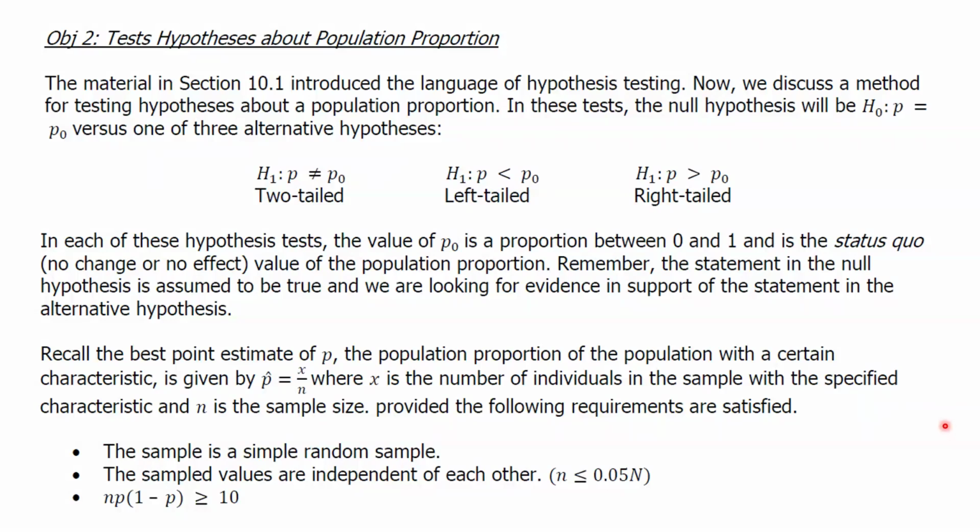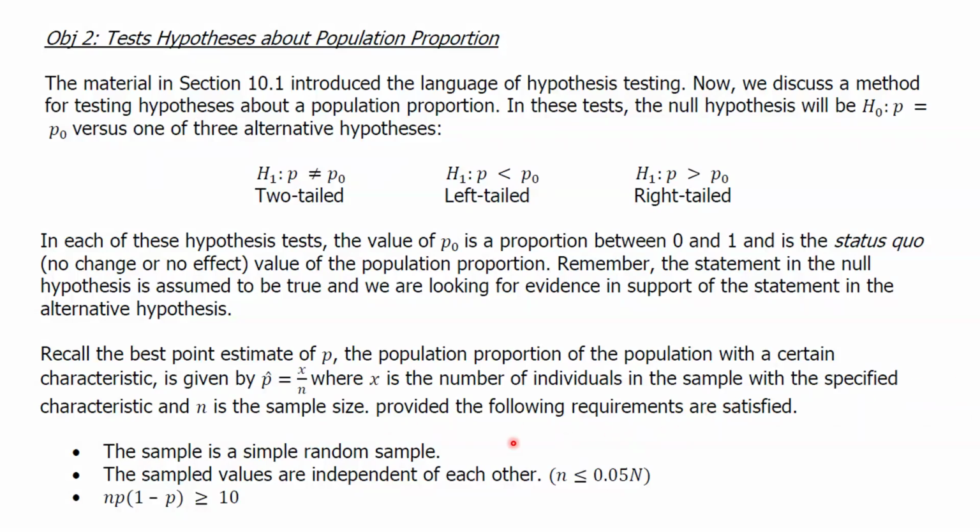Okay. So recall that the best point estimate of p, the population proportion with a certain characteristic, is given by p hat equals x divided by n, where x is the number of individuals in the sample with the specified characteristic and n is the sample size, provided the following requirements are satisfied.